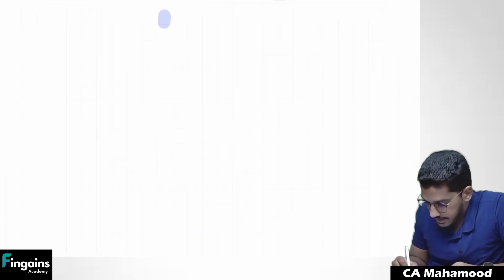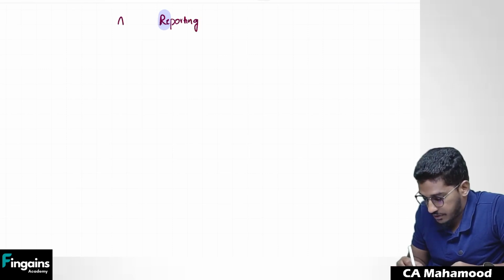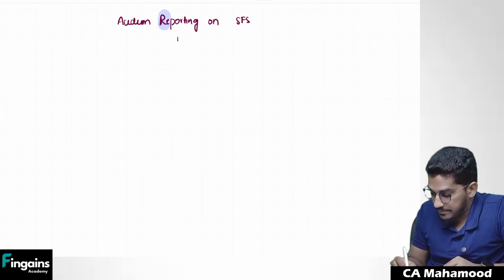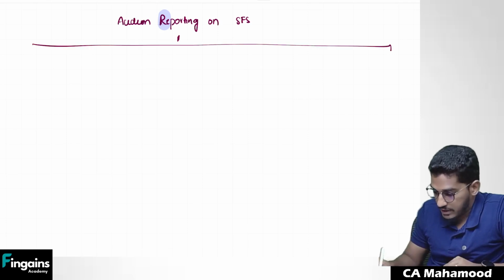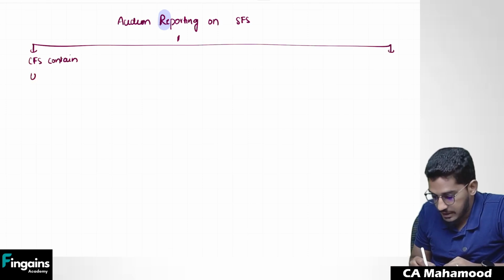Right. So now in the reporting part, there are certain things which you need to understand. On whatever audit report you are giving on a single financial statement, what kind of opinion you have to give. Here, there are certain considerations you have to keep in mind. First, there could be three circumstances. Case one: complete financial statements contain an unmodified opinion.